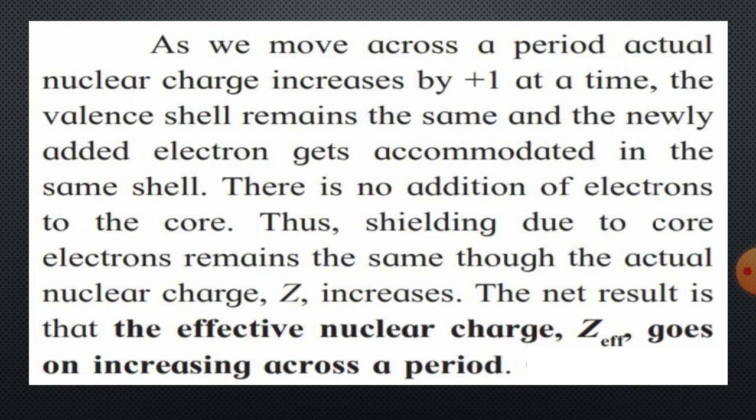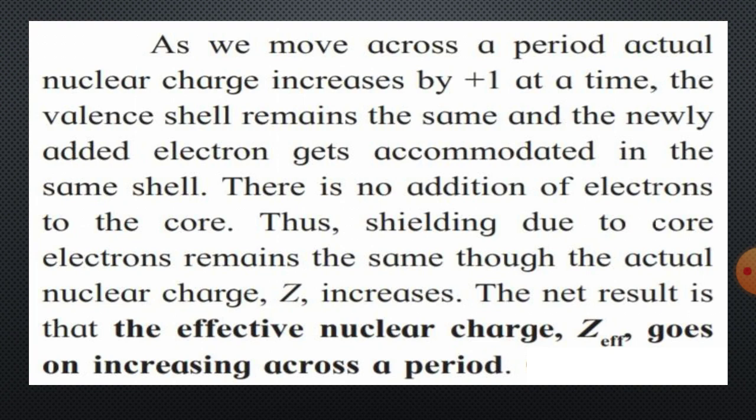In the fifth period, the number of shells will be 5. So the valence shell will remain the same. The newly added electron will be accommodated in the same shell. As we move across the period, the valence shell remains the same, but the new electron is added in the same shell.